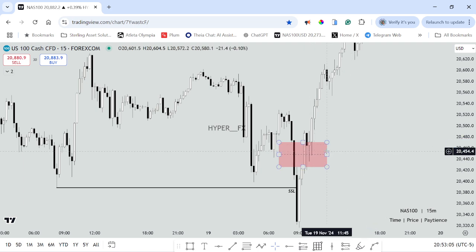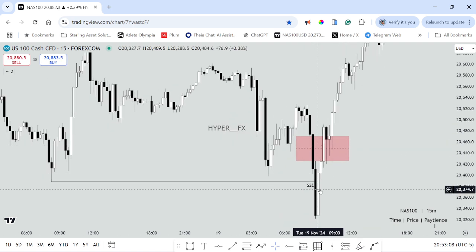So what else am I expecting price to do? I'm waiting for price to close above this fair value gap right here, so that I can frame my buy positions. And it was validated when price closed with this candle right here.